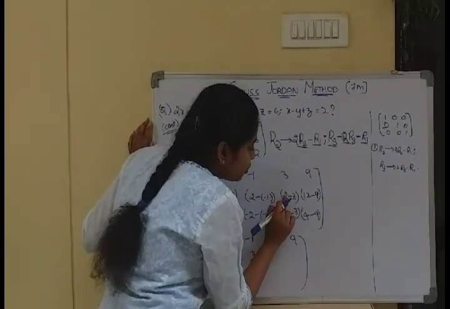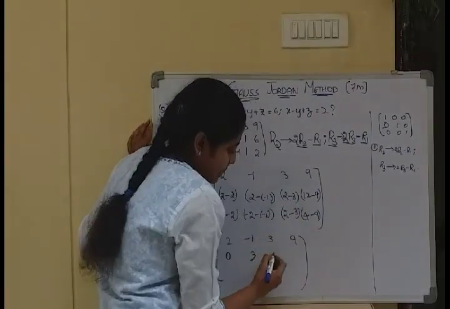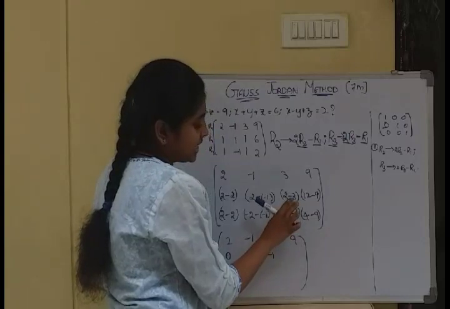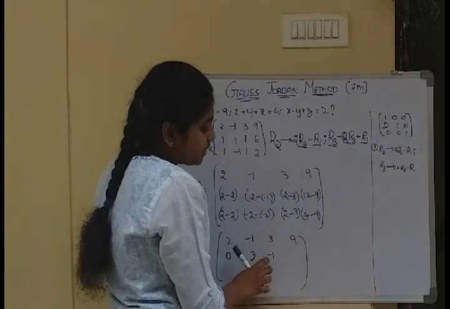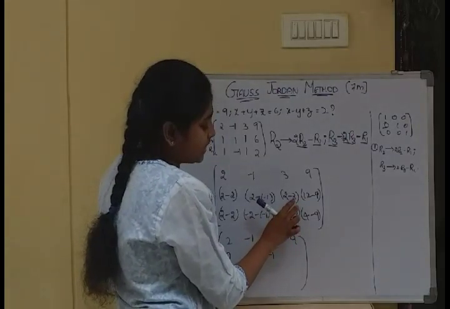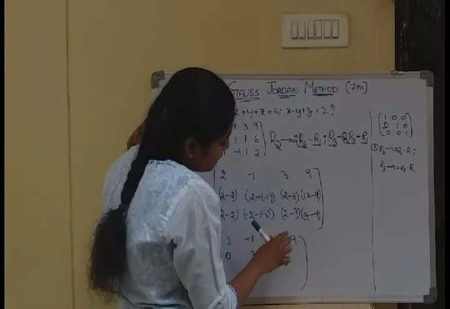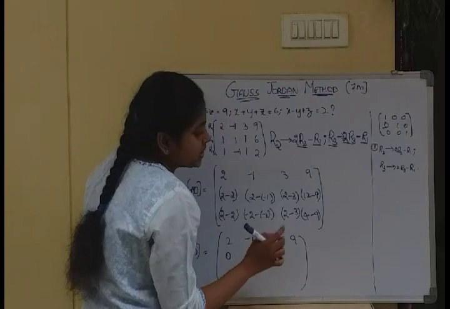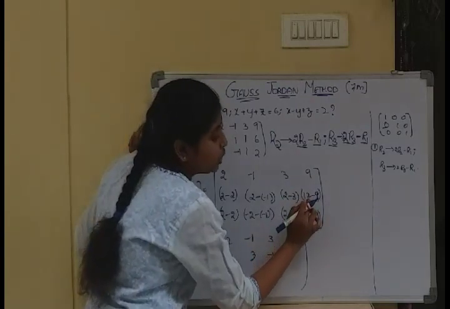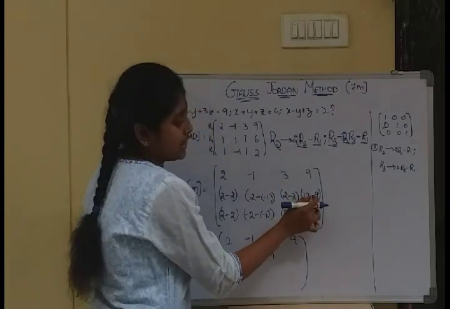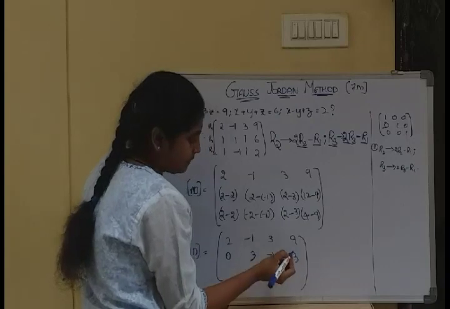Now here 2 minus 3 is minus 1, because the sign of the highest value comes here. 3 is the highest value, and the sign of 3 is minus, so we put minus 1. Now 12 minus 9 is 3.